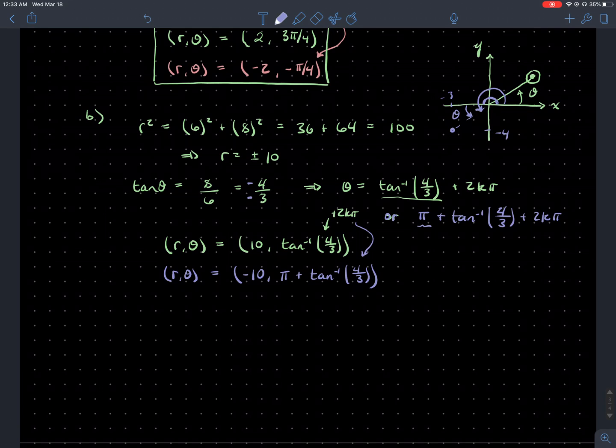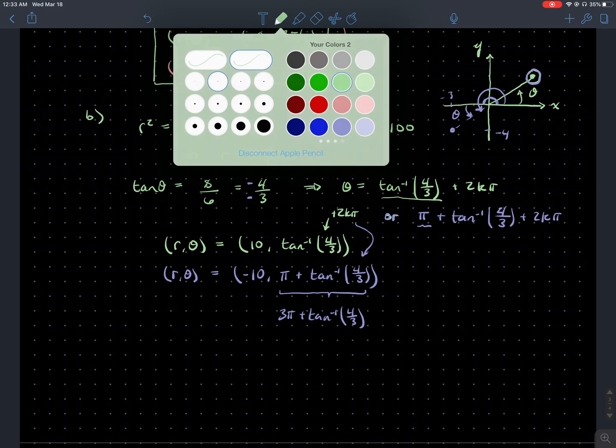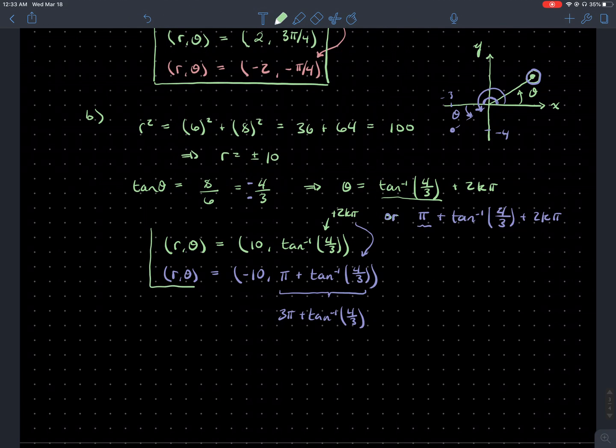So we could add 2 pi to that, and so another representation for this angle would be 3 pi plus tangent inverse of 4 over 3, which gets us to this point if we have a negative radius in order to rotate inwards. But either way, both of these answers are completely okay.